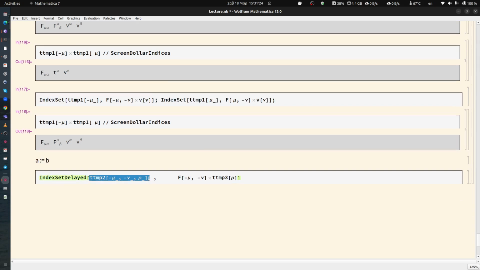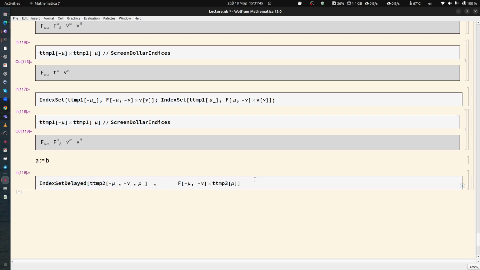So here, TTMP2 will be replaced by F times TTMP3. But now, the assignment will be evaluated at the time when we use TTMP2 in our expression. So let's look at how it works.